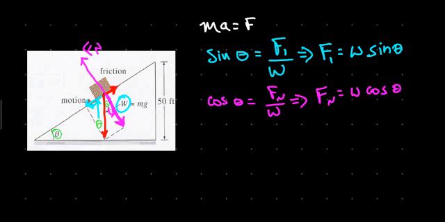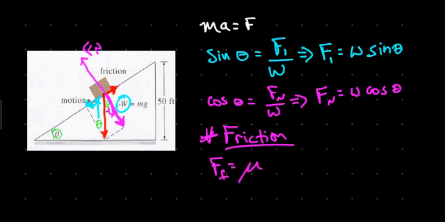Now also important to note that for friction, the force of friction, little f, is equal to mu, our coefficient of friction, again given in the problem, times the normal force.